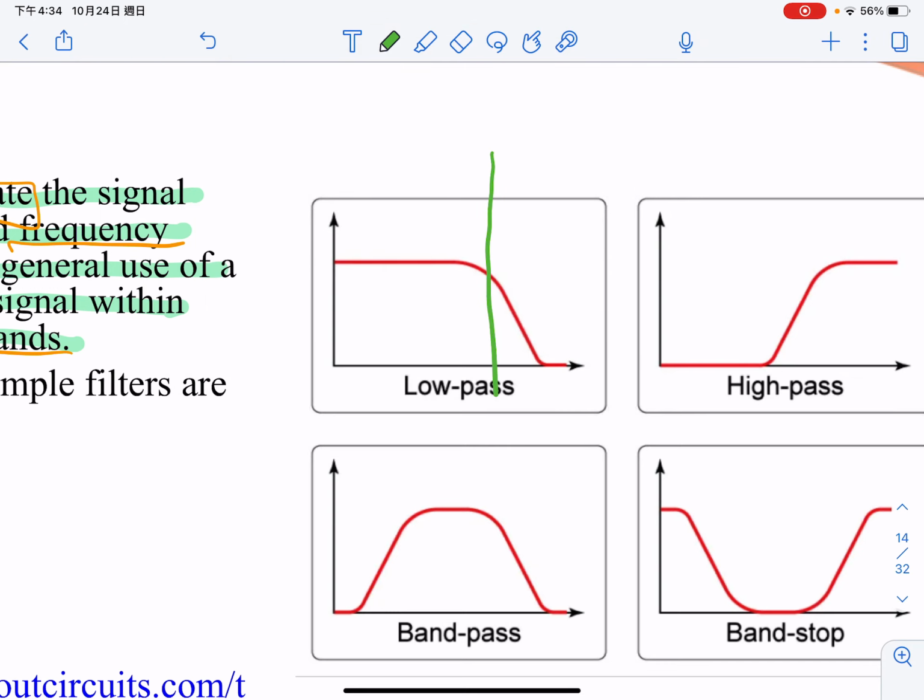We call this the cutoff frequency, meaning that this is the boundary: lower than this boundary, we have one kind of processing, and higher than this boundary, we have the other kind of processing. So cutoff frequency is the frequency that divides two parts.